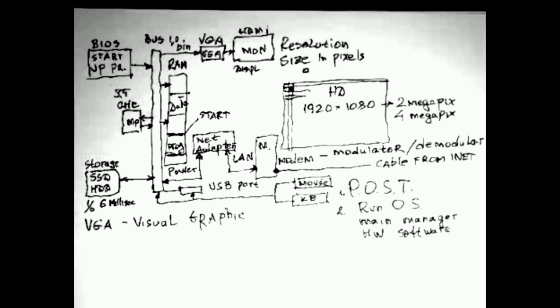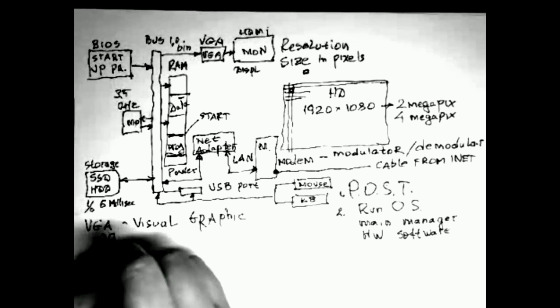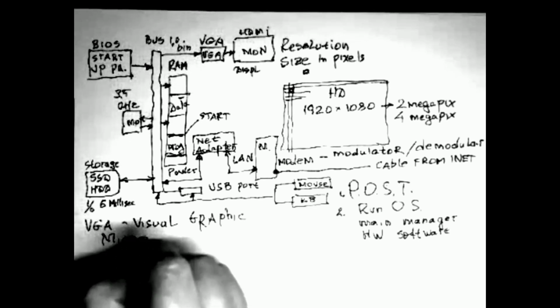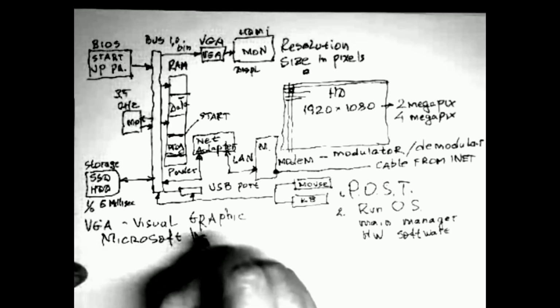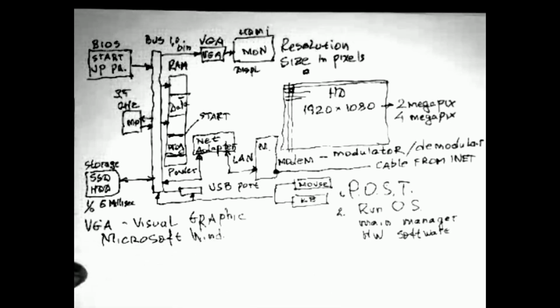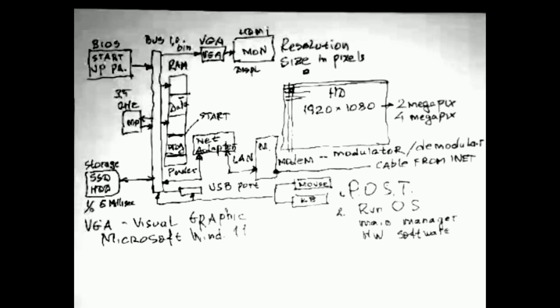What is it actually doing? First, the operating system, which in PC computers is Microsoft Windows, and the new system is Windows 11, Microsoft Windows 11. For the Macintosh it is Mac OS.